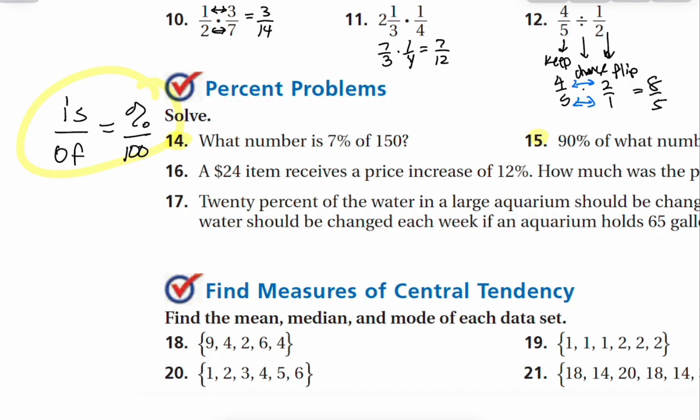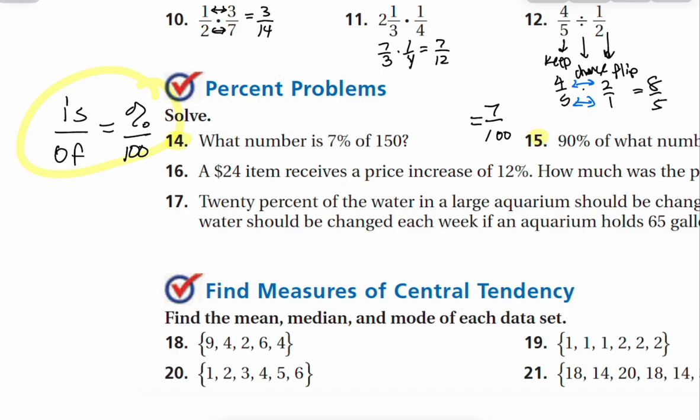Now, I'm going to let you keep going, but could anybody share with us how they set up number 14? Just the setup. You want to share? Okay. What'd you get? What's your setup? Now, the percentage is always over 100. What number comes right after the of?